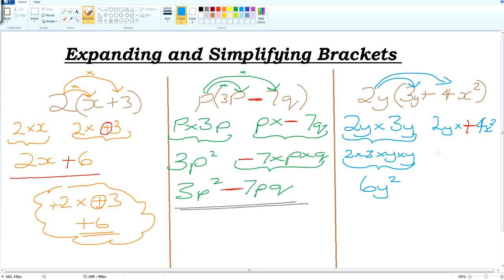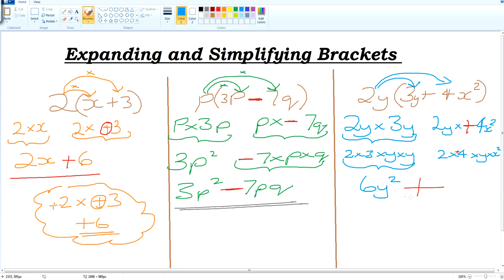So we have now 2 times by the 4 times by the y times by the x squared. And we can put the plus back into here if we like with the plus 4. So what is 2 times by plus 4? Plus 8. So here comes our plus.